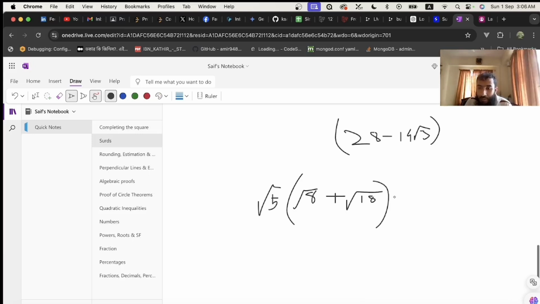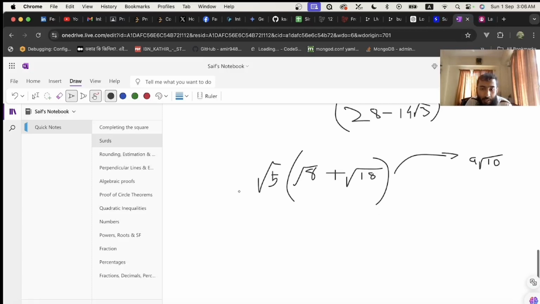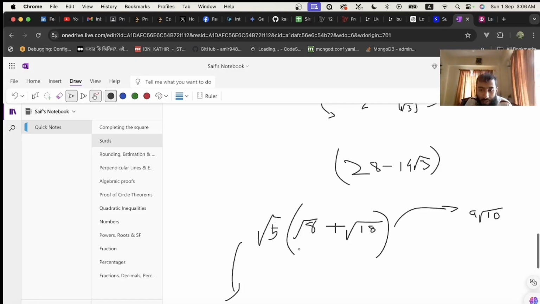This expression you have to translate into something like a multiplied by root 10. Okay, you have to express it as a root 10. So let's see what we can do with this. As you can see, this term root 8 can be expressed as what?